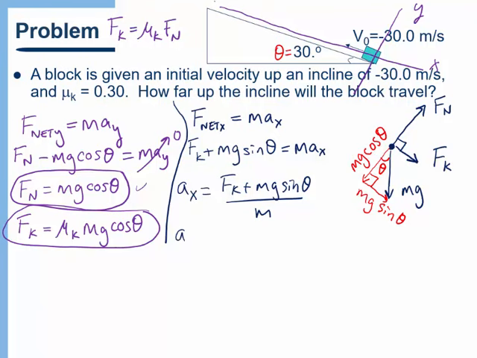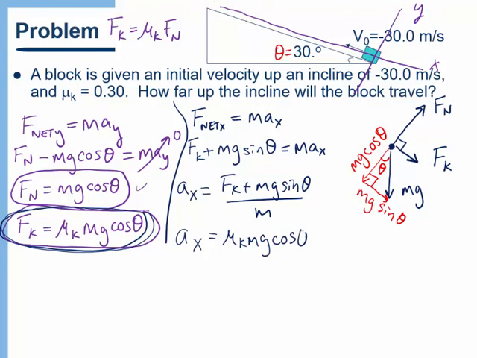And I'm going to now substitute in what we figured out here. a_x equals mu k mg cosine theta plus mg sine theta divided by m.